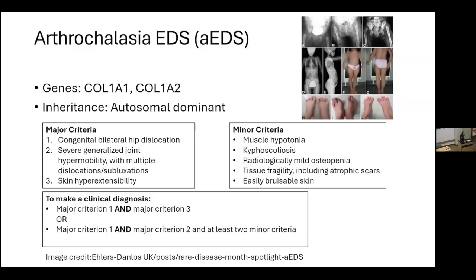Now, I should say that these are all clinical diagnostic criteria that are based on kind of consensus of experts. There's very little in the way of scientific support behind these clinical criteria.